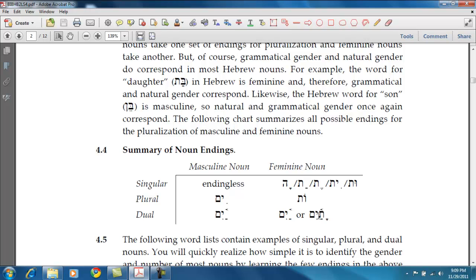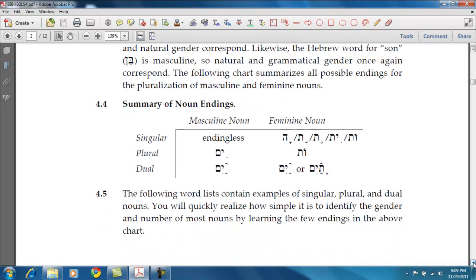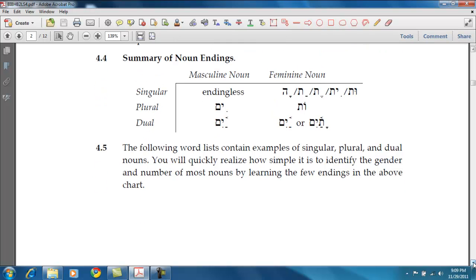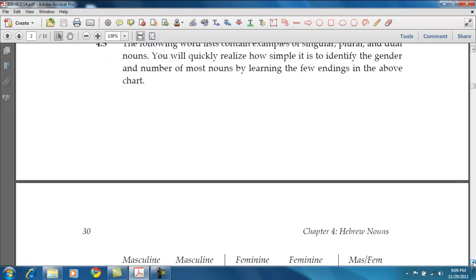And ayim, then we just add ayim. So those are the endings: the feminine singular has endings, the masculine doesn't; the masculine plural endings, the dual nouns, and the feminine singular and dual. So just remember that the tav at the end on feminine is very important. You'll learn that to be the case in some other lessons in the future.